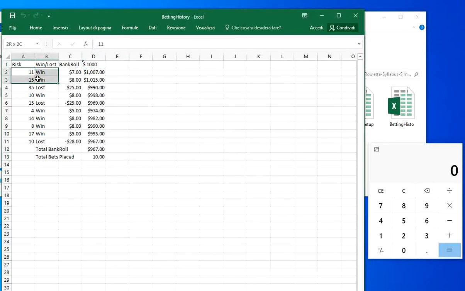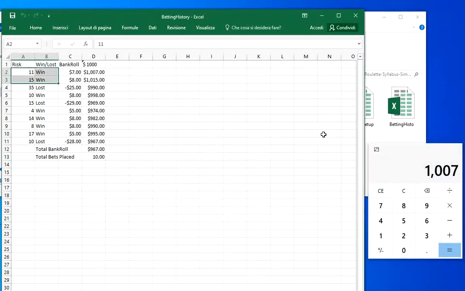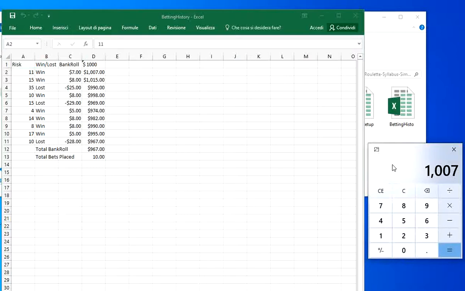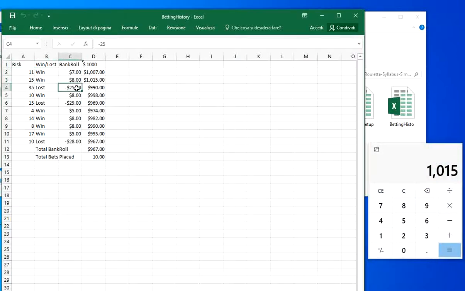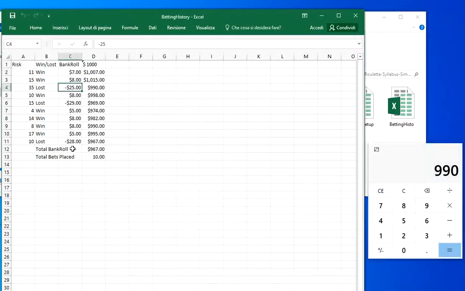We won 7 units, plus 7, that makes 107. We won again, we won 8. The next bet we won 8, making 115. Then we lost 25, so 25 minus 25 gives 990. That's how the calculation was being done.